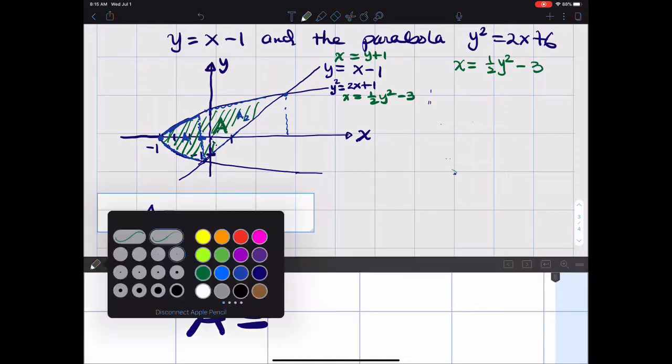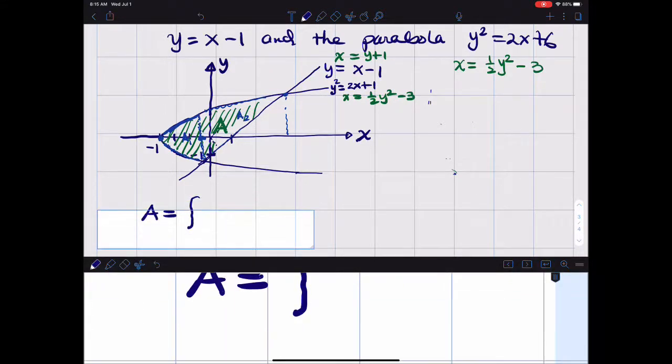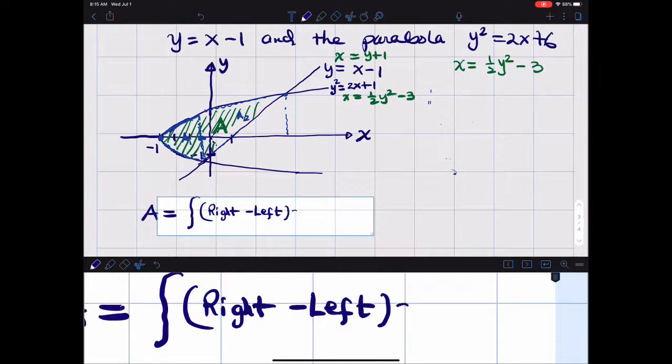So in this case, our integral is going to be, instead of top minus bottom, right minus left, dy.